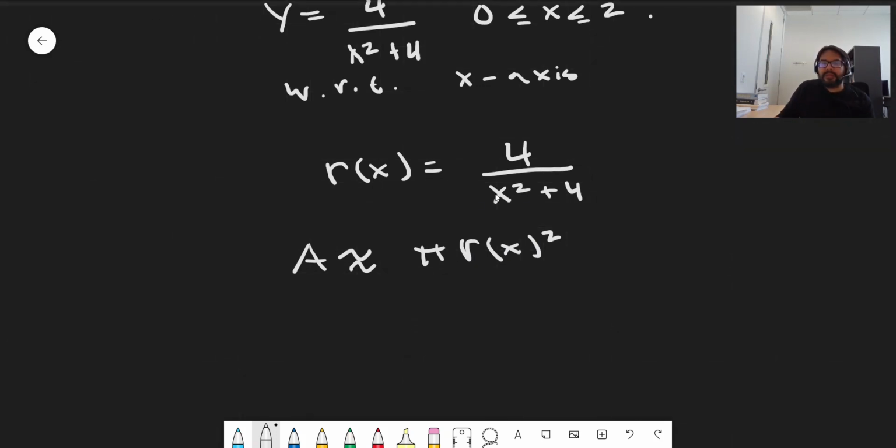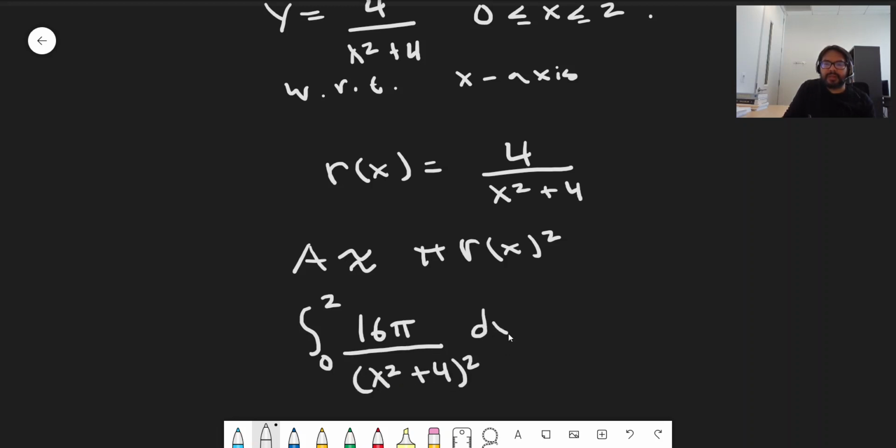So it'd be 16 pi over x squared plus 4 to the second power, essentially. So in any case, that would be an integral from 0 to 2 of 16 pi divided by x squared plus 4 to the second power, and then that would be dx.